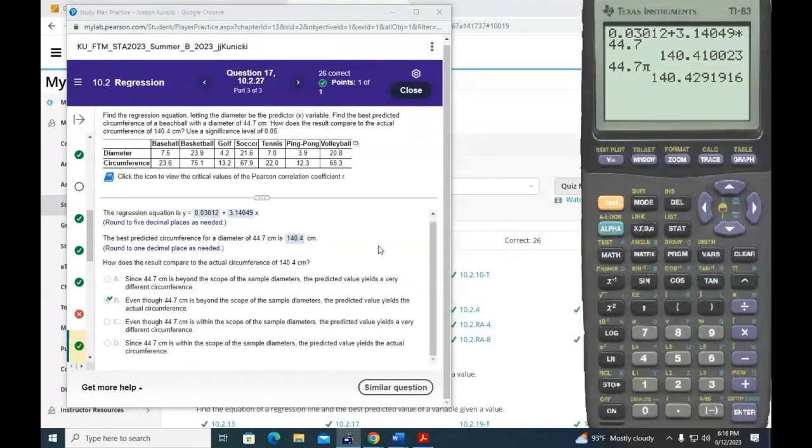It's not like the chest size and the weight of bears, which can vary. The same chest size could be different weight, and the same weight could be different chest size. But the diameter is always going to give you the same circumference. It doesn't vary. So it's a different situation.